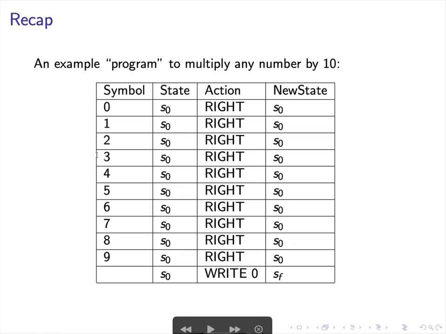So this was an example from yesterday's part. This machine was multiplying any number by 10. And I'll go through it again, especially for Renzo. The intuition is that in order to multiply any number by 10, we just read it from left to right.